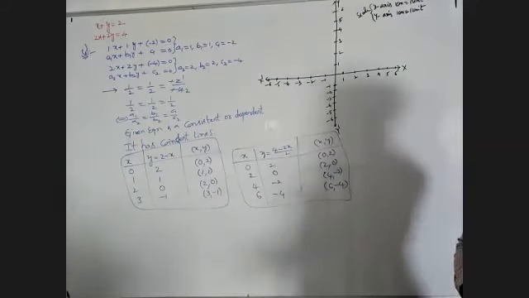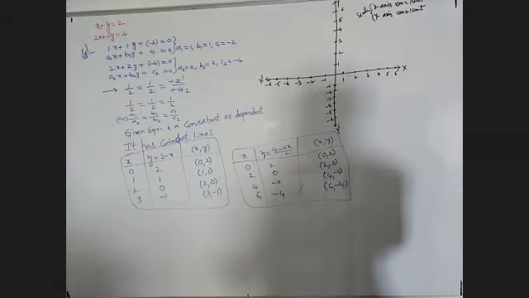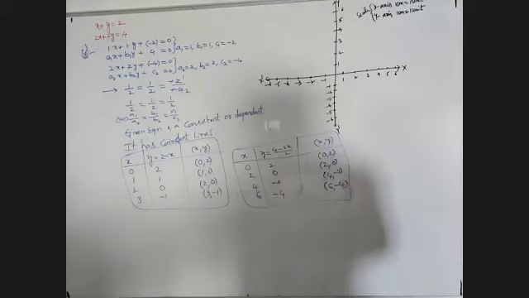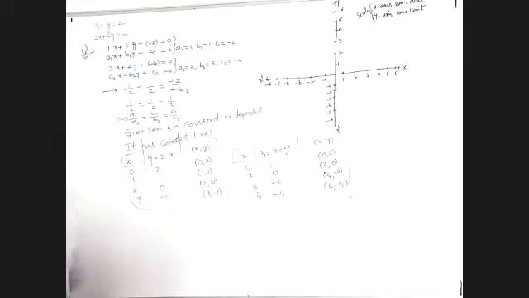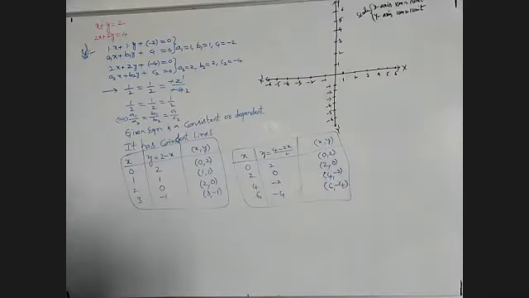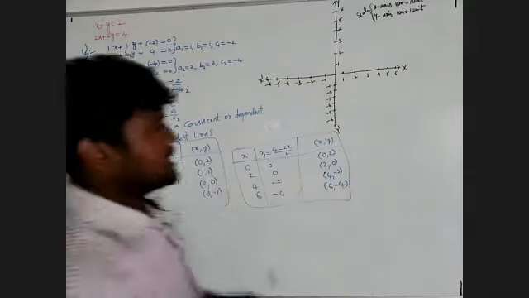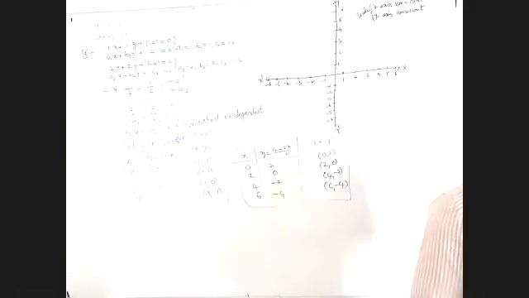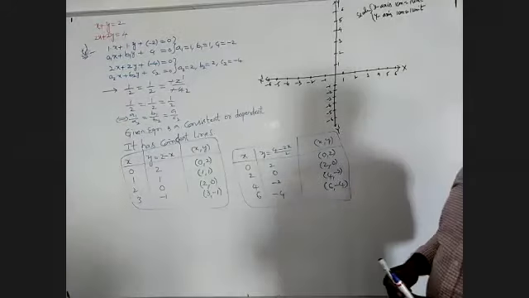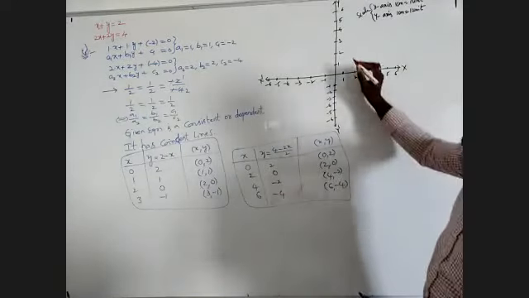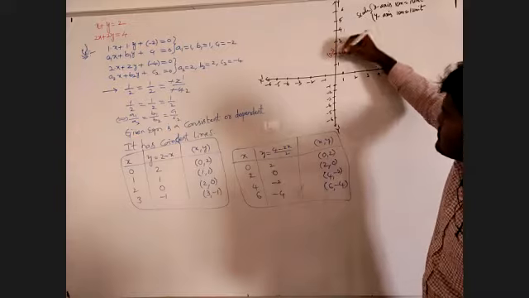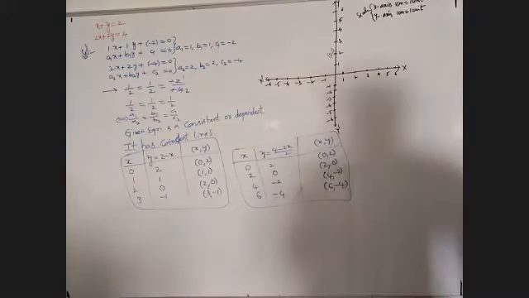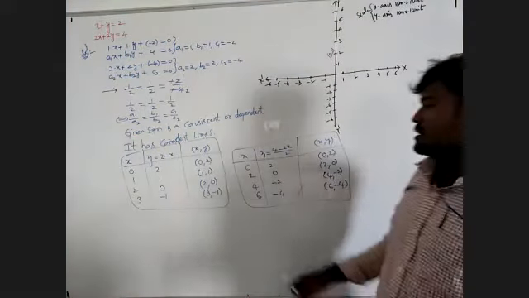Here we will observe in the first condition the plotted points. The first one is 0, 2, where x is equal to 0, which means it must be on the y-axis. This is the point, name it 0, 2. After that I have to take 1, 1.